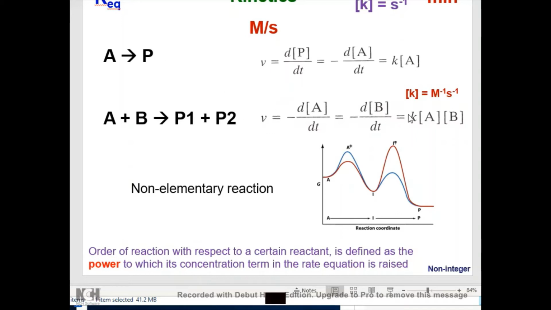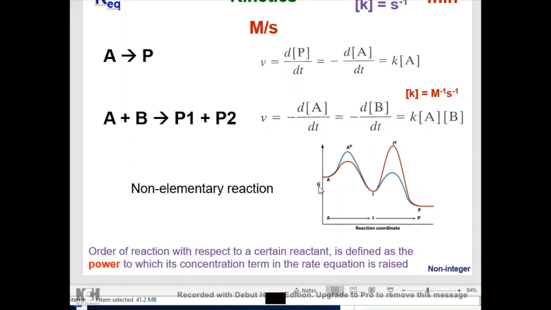However, in order for the unit to be the same, the constants of unimolecular and bimolecular reactions have to have different units. The unit of a unimolecular reaction constant is inverse seconds or minutes, while the unit of a bimolecular reaction constant is inverse mole per liter, inverse seconds.